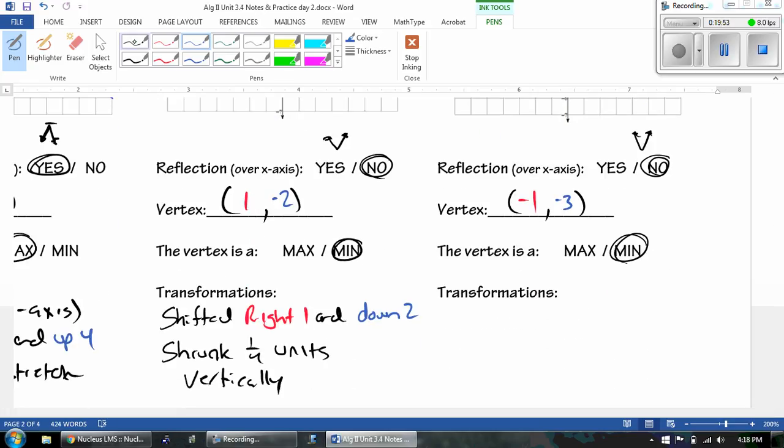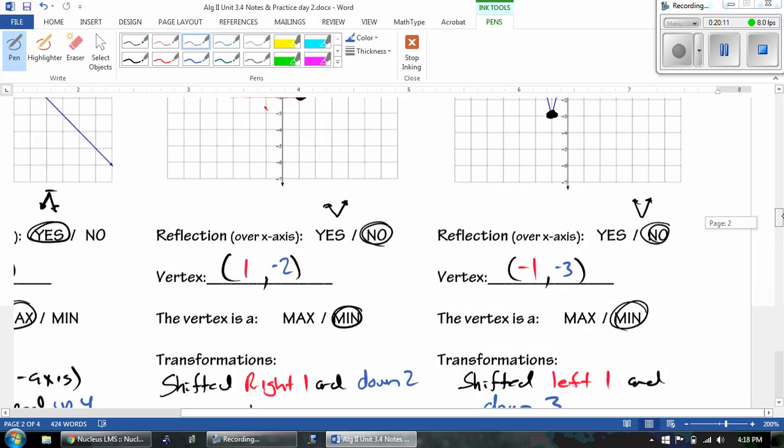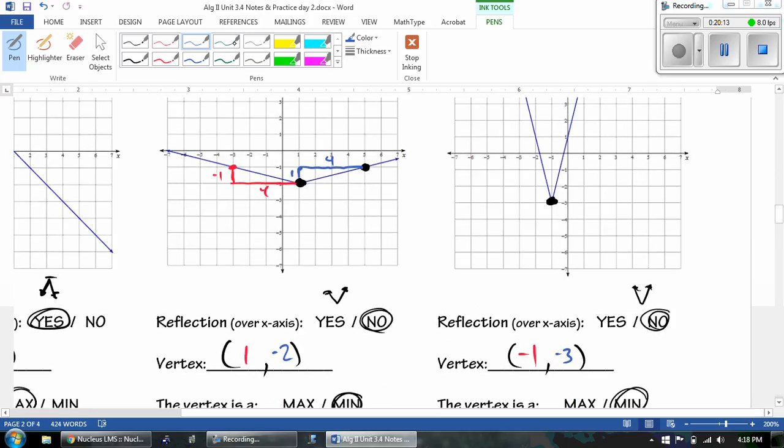So when we're talking about our transformations, the vertex was shifted left 1 and down 3.